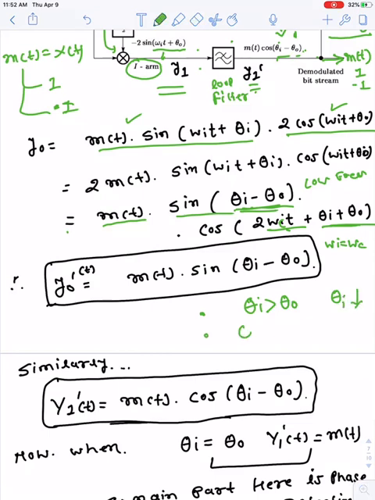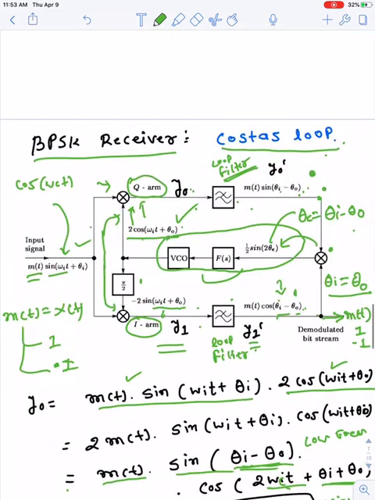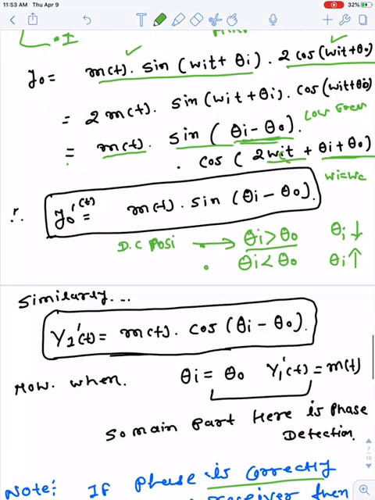The difference theta_i minus theta_0 is a DC signal which is positive. And if theta_i is less than theta_0, the difference is negative. Since theta_i is the incoming signal, which is larger, theta_0 is what we control, not theta_i, so theta_0 should be increased.